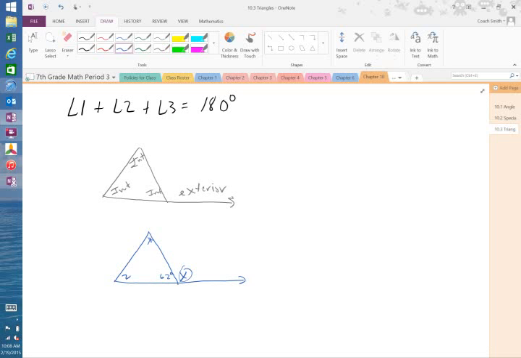So what is x? What is the measurement of angle x? Why? No. Raise your hand. If you want to contribute, raise your hand. Owen, do you want to try to guess, or you want to tell me why?